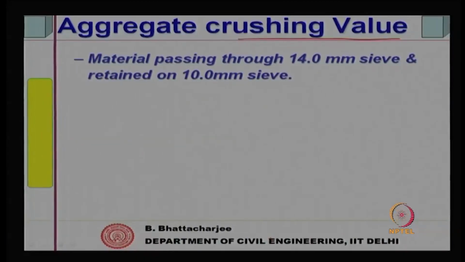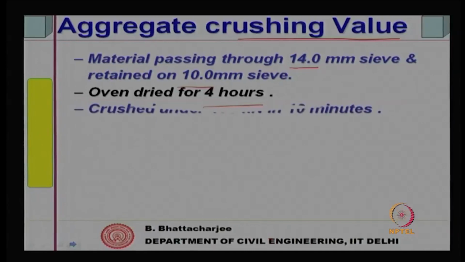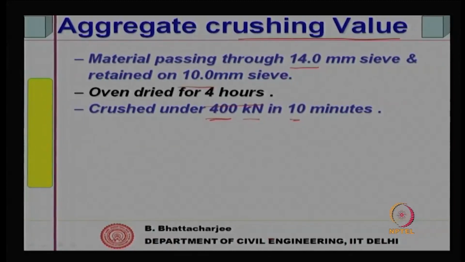In this one, we pass aggregates through a 14 mm sieve and retain them on a 10 mm sieve. So, only this size is taken, and the effect of size is eliminated. This is oven dried for 4 hours, so the moisture condition is also standardized, and then crushed under 400 kilonewton in 10 minutes. So, the rate of loading is also fixed.